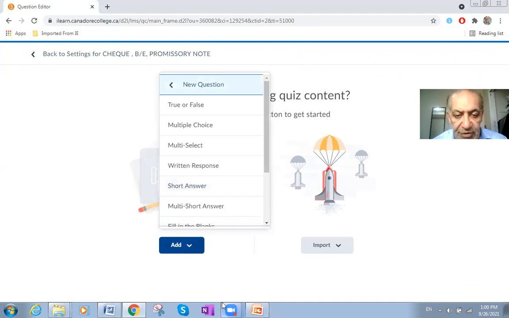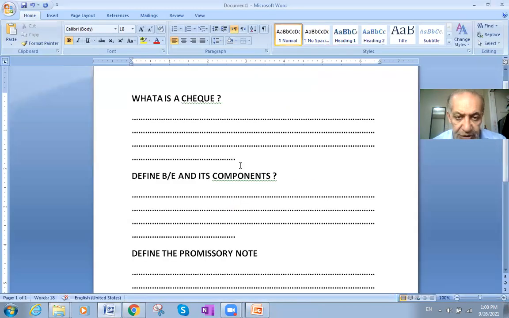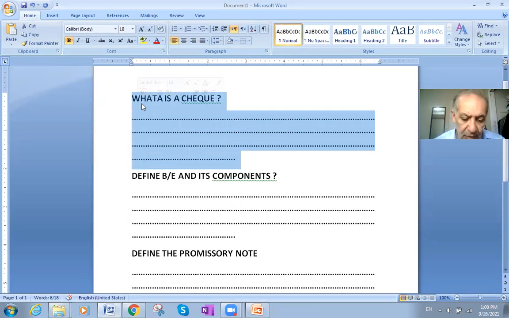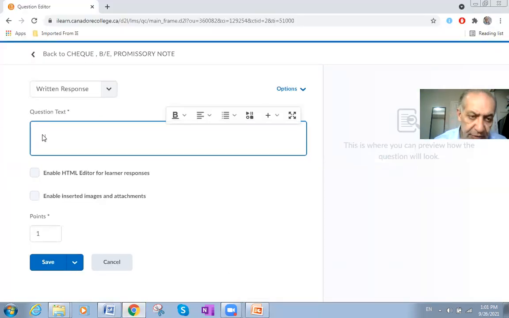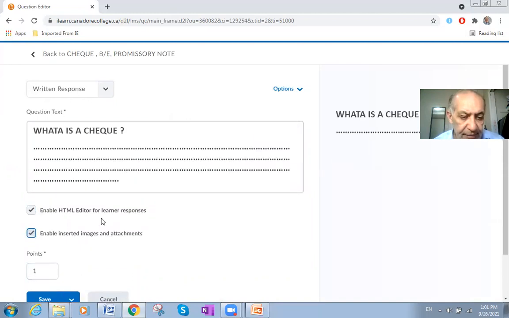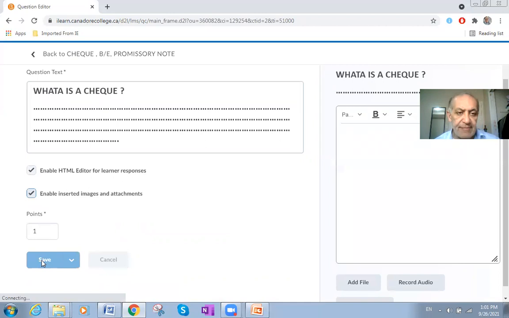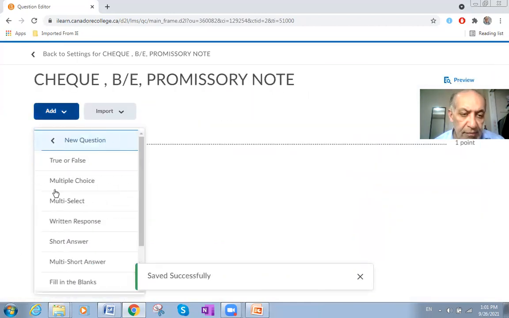So we'll have here the first question, written response. First question, what is a check? Control C, Control V. Then we'll enable it, then save it. Then we'll add another question.